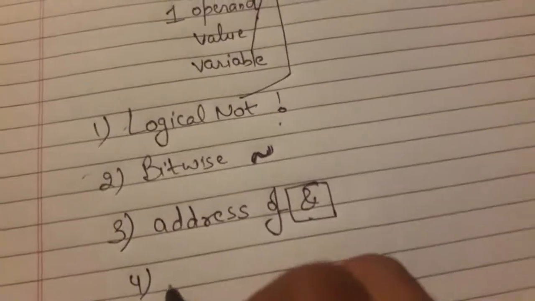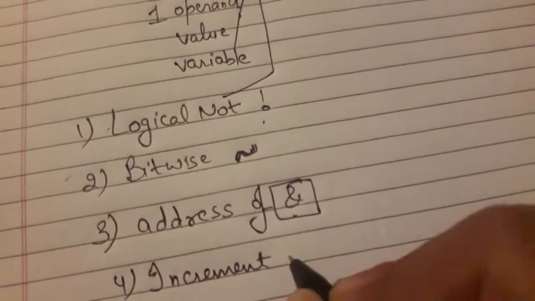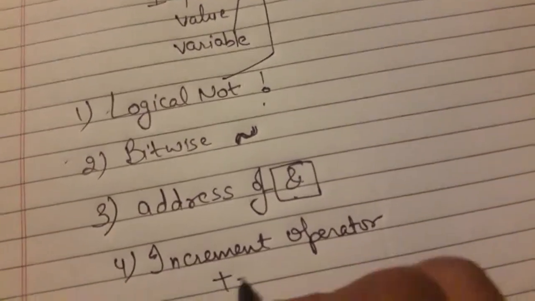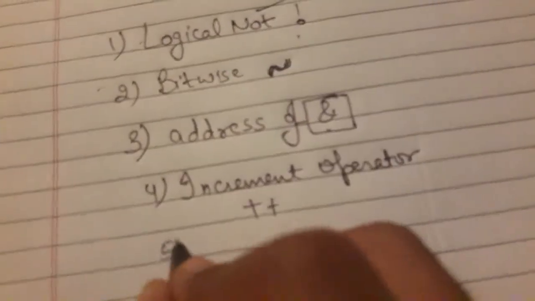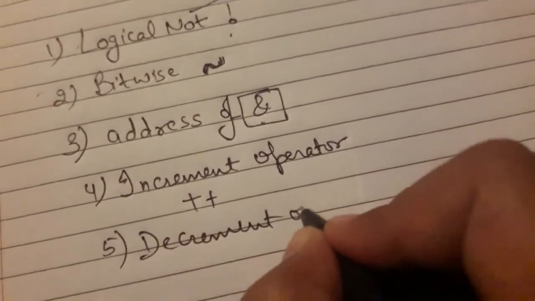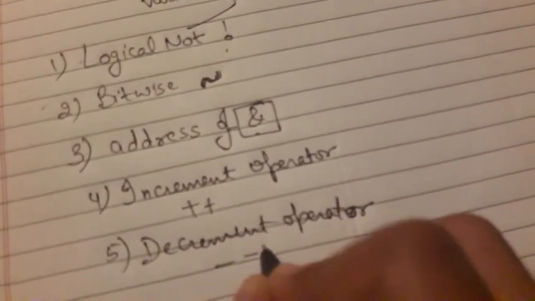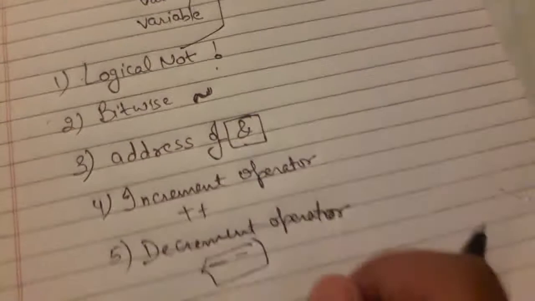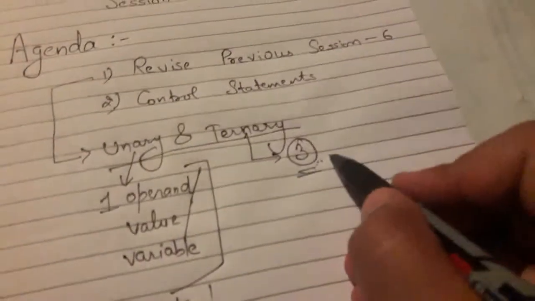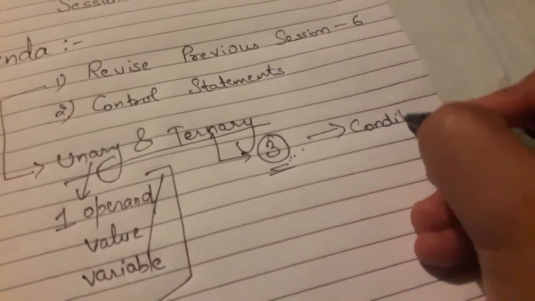And we discussed the increment operator, that is plus plus, and the fifth one is the decrement operator, and decrement operator means minus minus, right? Clear?